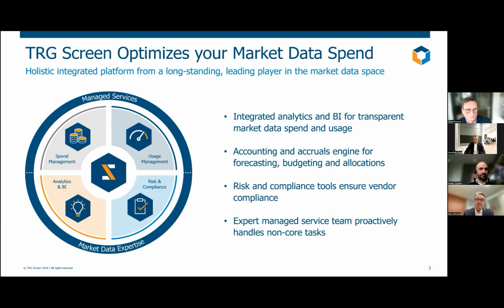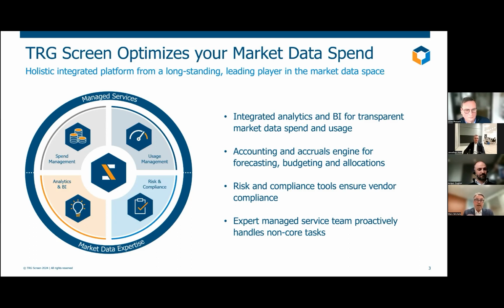In addition to that, risk and compliance, really helping you and assisting you with your vendor and exchange reporting, hopefully helping you to avoid any kind of backbilling from your vendors or exchanges, or even worse, potential fines.